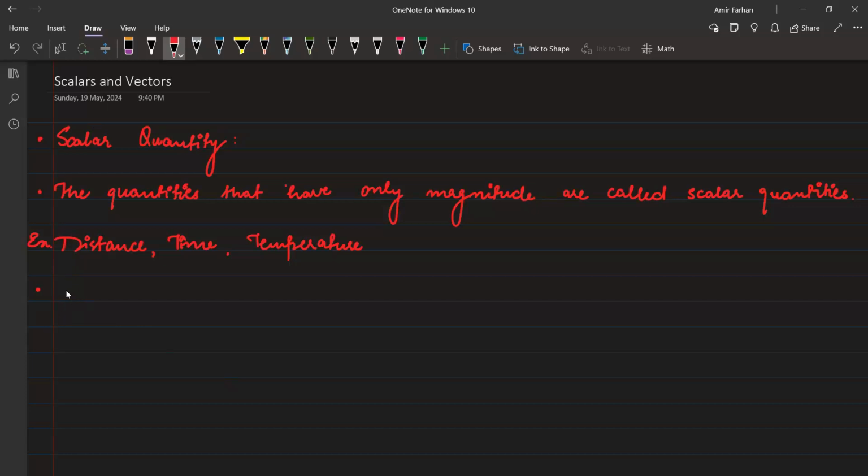There is no specific rule for the scalar quantities. Okay, Ayaan, is this clear?